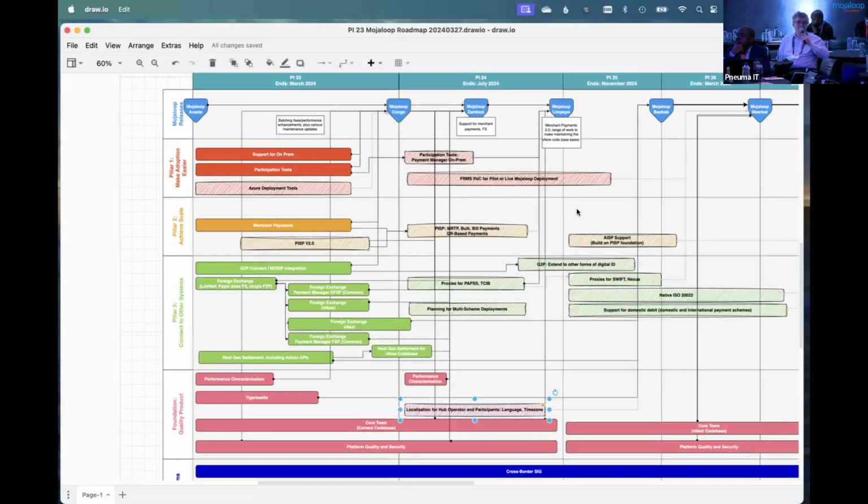We've talked to the ISO 20022 payments organization to say we intend to implement much earlier than the PI after this coming one. They are happy with that, provided we make a commitment, which we have done, that if there do turn out to be any changes from what we implement, we will go back and make those changes. So we're going to be pressing forward as fast as we possibly can.